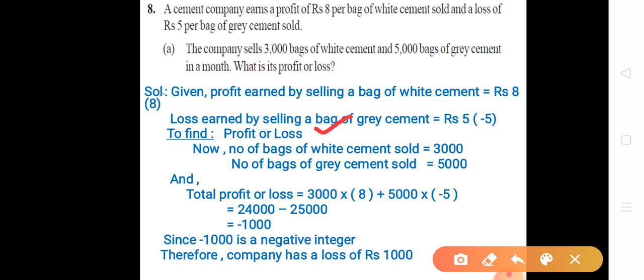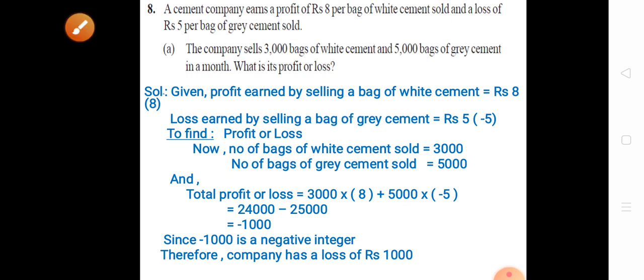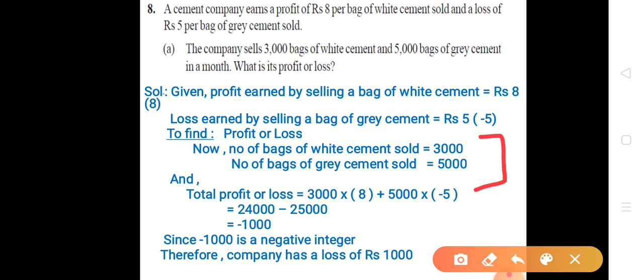First of all, you write the number of bags of white cement sold, that is 3000. Then the number of bags of grey cement sold is 5000. Now if we have to find out the total profit or loss, then we have to add everything, that is, whatever profit you are getting by selling white cement and whatever loss you are getting by selling the grey cement.